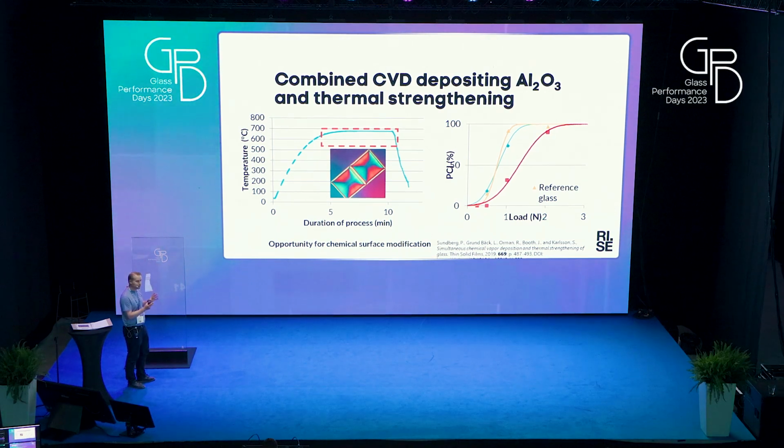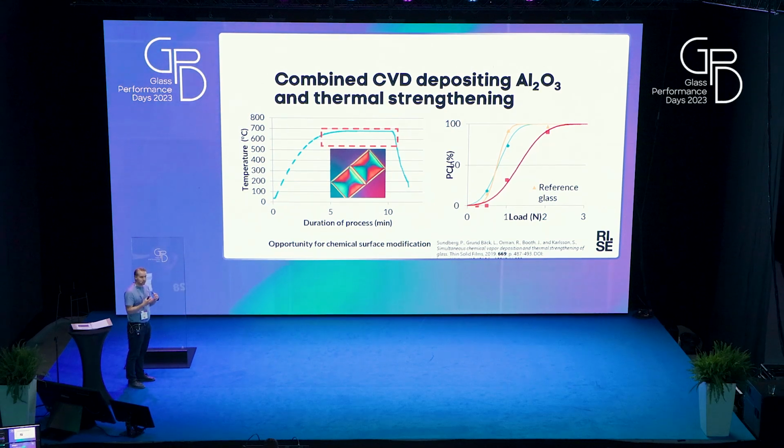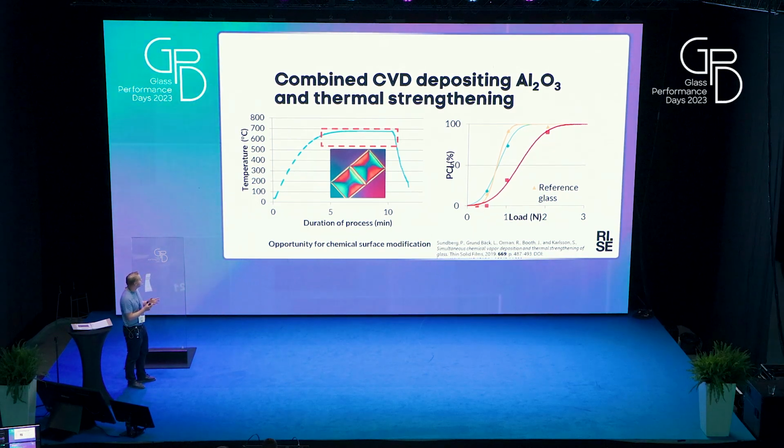So you actually have some possibilities to do surface modification. And that gives this opportunity. So we actually deposited alumina by CVD onto the glass and then quenched it. And by this you can also achieve some better surface properties.